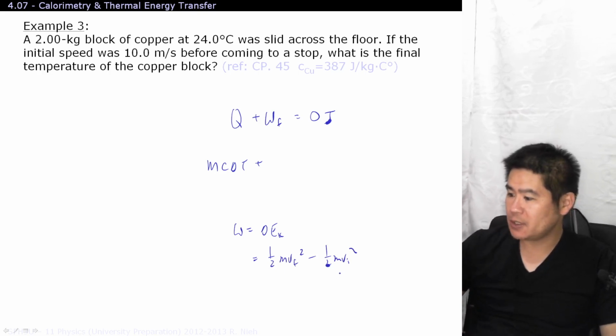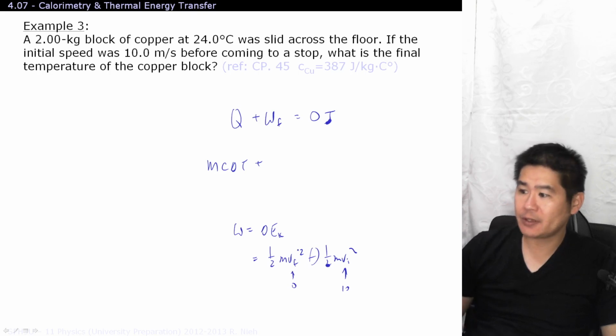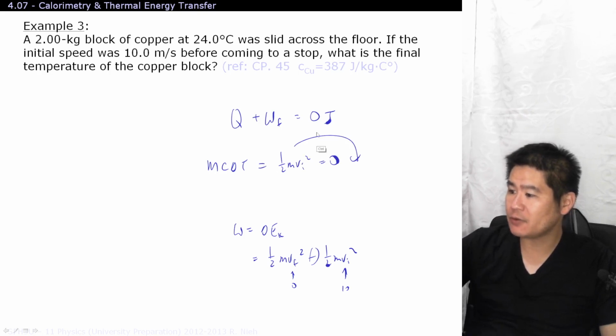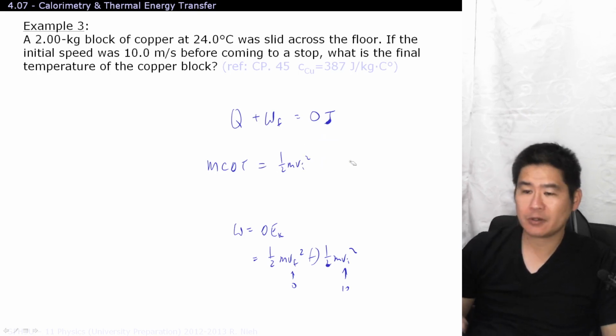You have an initial speed of 10, final speed of 0. I'm pointing out that I'll make it a minus in here. So it'll be equal to plus negative 1/2 mvi squared is equal to 0, where when you bring this over to the other side, you have mc delta T is equal to positive 1/2 mvi squared. Beyond here, hopefully you can solve for your TF.